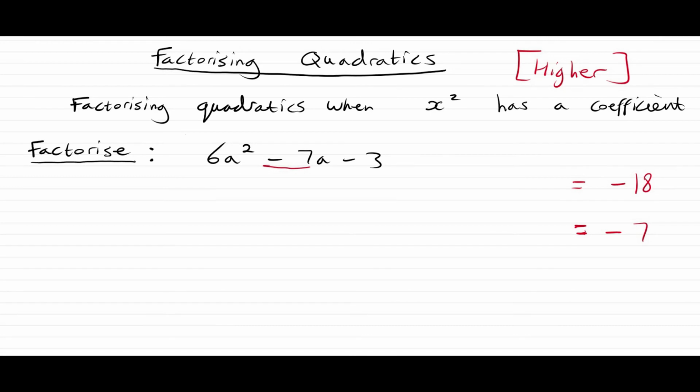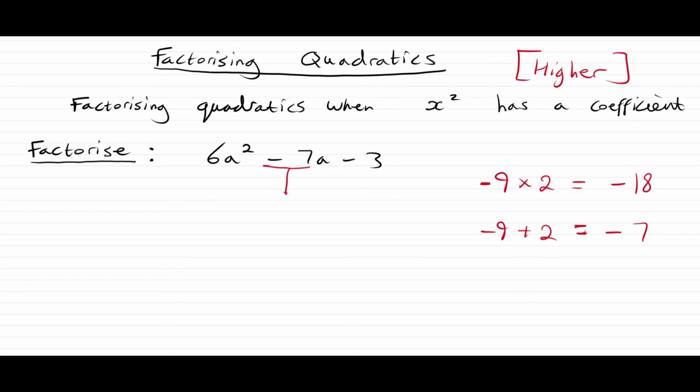But just to save on time, two numbers that multiply together to give you minus 18 and add together to give you minus 7 are minus 9 times 2 and minus 9 plus 2. So minus 9 and 2 are the two values we're going to be looking at in this question, because minus 9 times 2 is minus 18 and minus 9 plus 2 is minus 7.